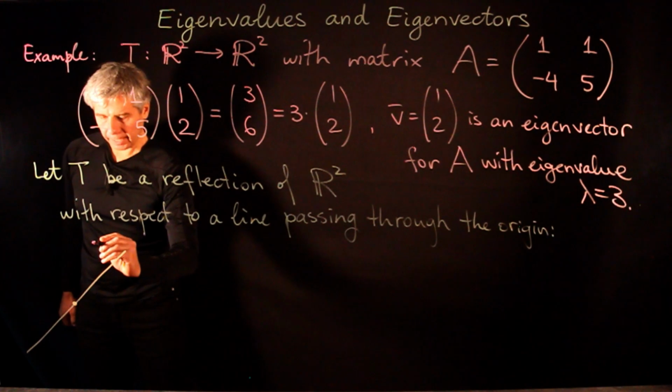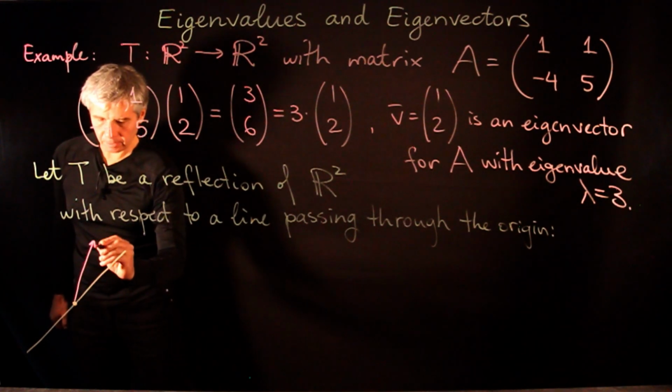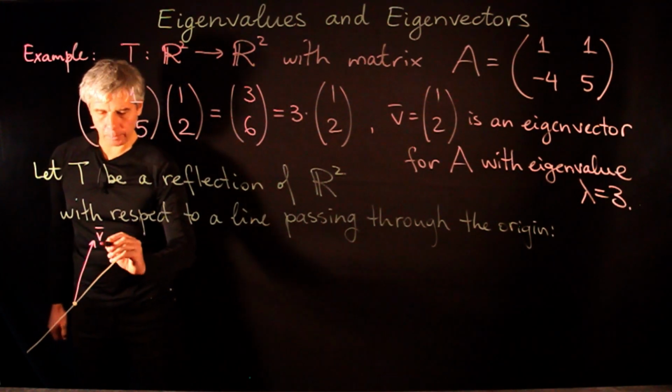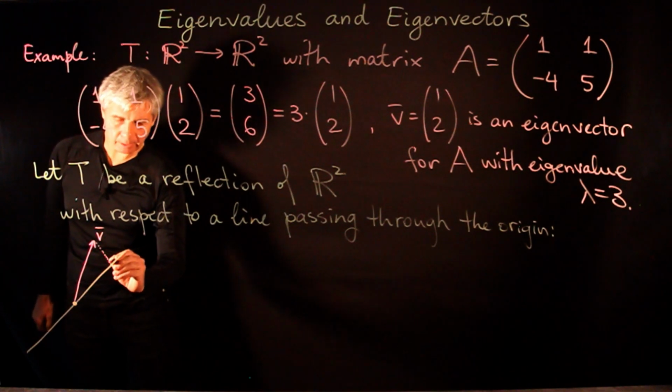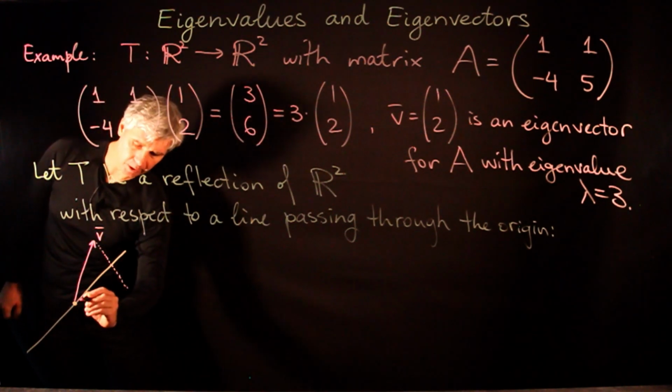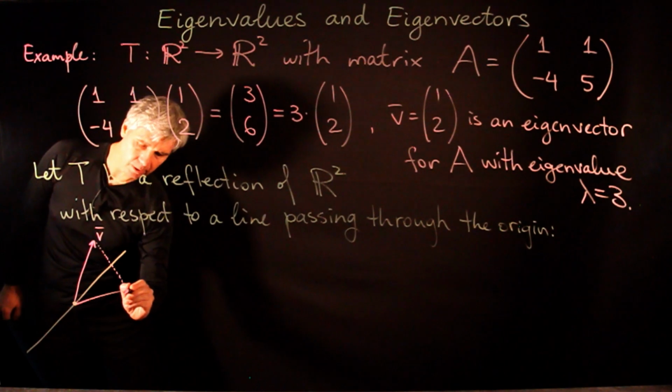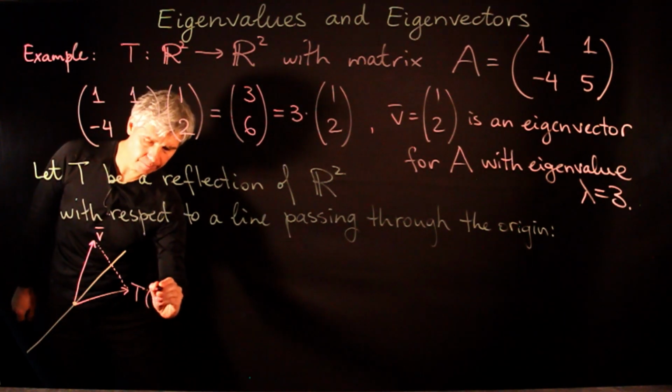So if we have a vector v, then to compute its image under this linear operator, we consider a reflection. So this will be T of v.